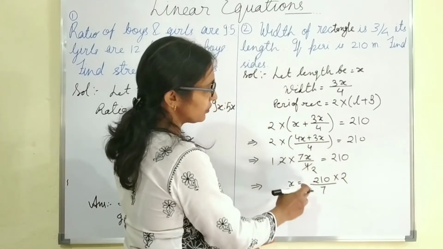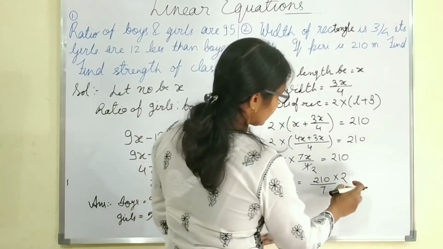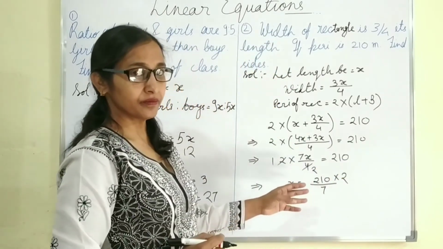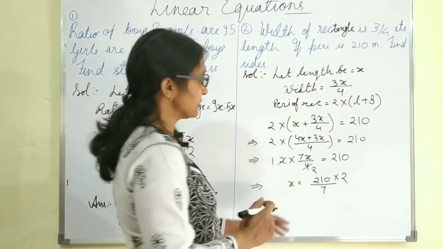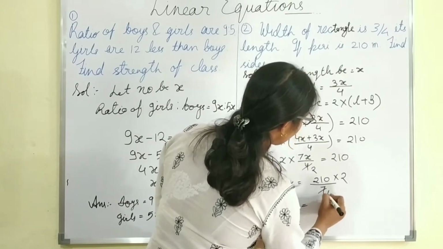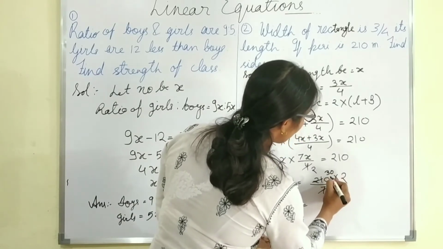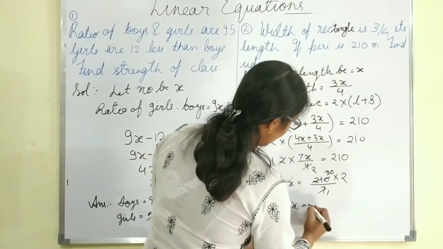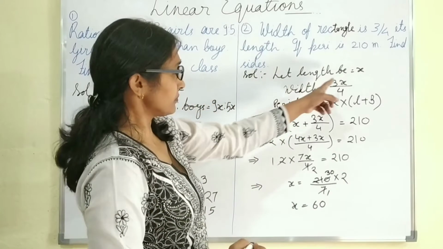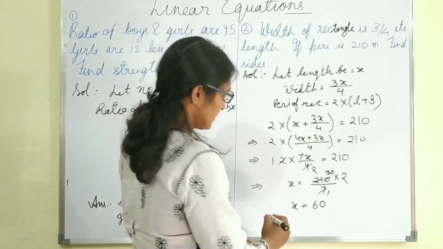Here it is 7 upon 2, and when it changes its side, it becomes its reciprocal. I am transposing it. So x equals 7 ones are 7, 7 threes are 21. So x equals 60. So length is 60.